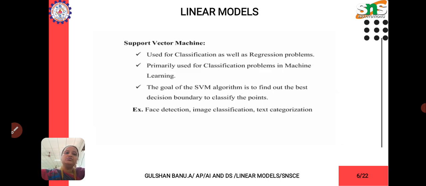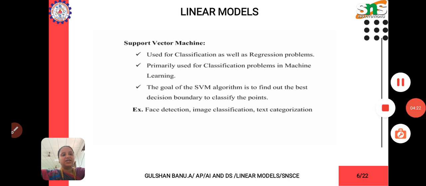Now, where do we use support vector machines? It is used for classification as well as regression problems, primarily for classification problems in machine learning. The goal of the SVM algorithm is to find the best decision boundary. For example, it is used in face detection, image classification and text recognition.